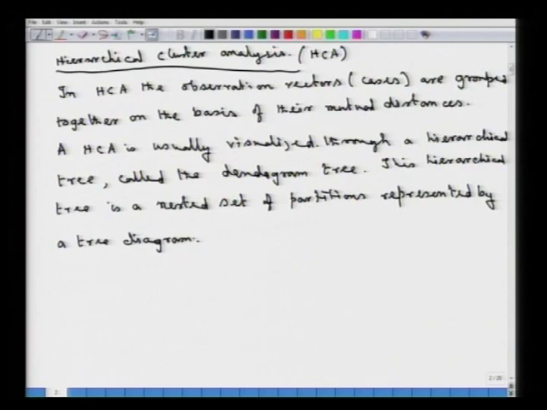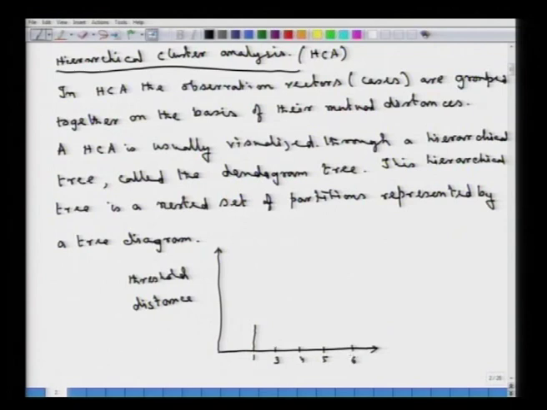Now, how does that tree diagram look? The tree diagram looks like the following. Suppose the y axis is the threshold distance, which we are going to discuss. So, we have a tree of the following form. Suppose I have case number 1 here, case number 3 here, 4, 5, let us consider 6 cases.